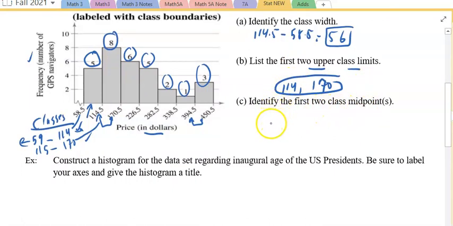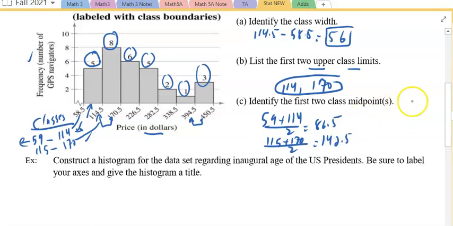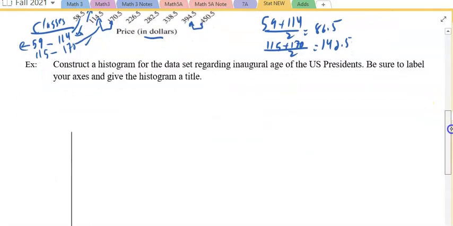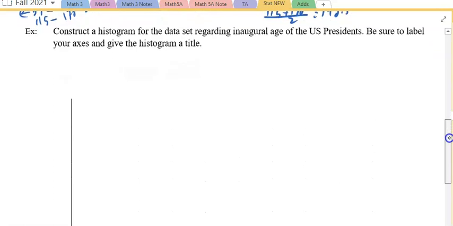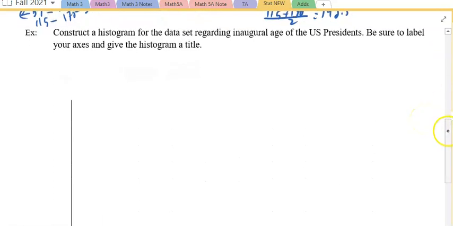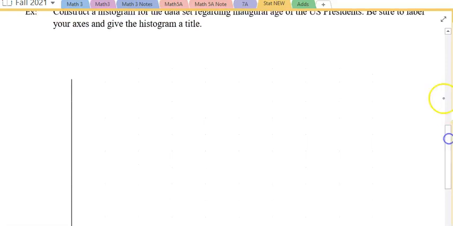To find a class midpoint, well, that's 59 plus 114 divided by 2. That would be 86.5. And 115 plus 170 divided by 2, that is 142.5.